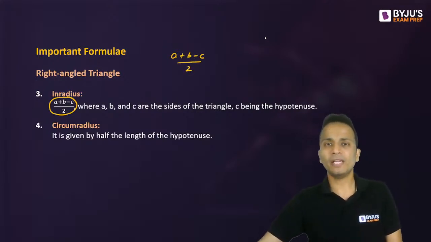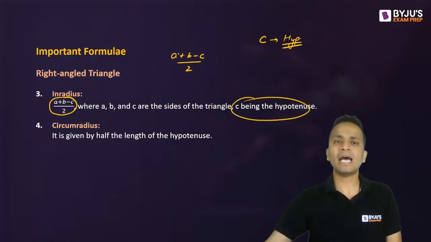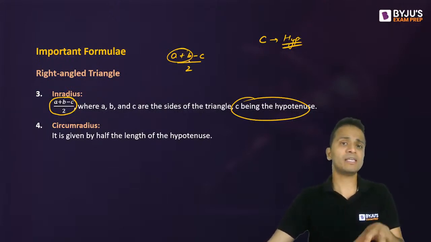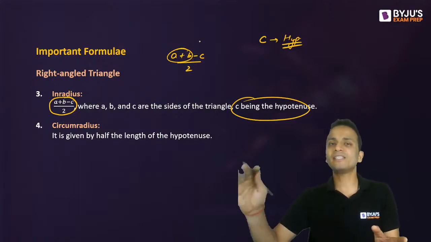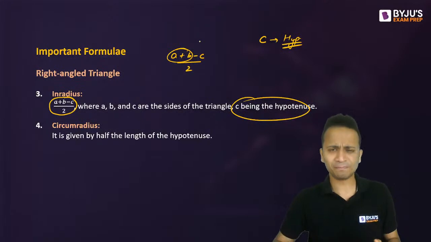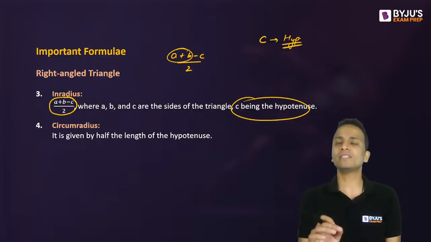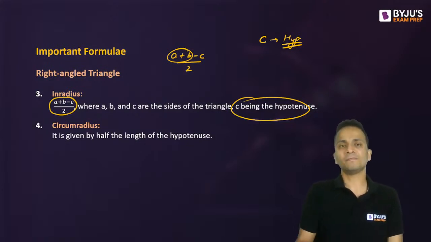In a right angled triangle, C is the largest side, or the hypotenuse. Okay, hypotenuse is the largest side. So C is the hypotenuse and A and B are the other two sides. In this formula, A and B are added and C is subtracted, so you need to separate C from A and B. So the formula is (A plus B minus C) upon 2, where C is the hypotenuse and A and B are the other two sides, right?